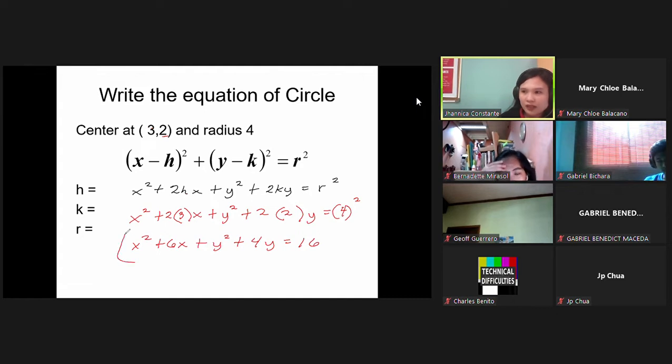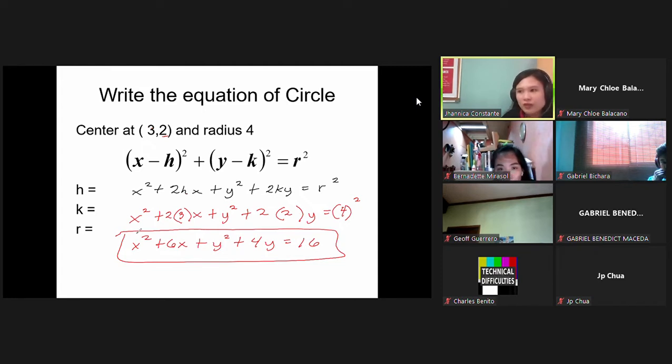So x squared plus 6x plus y squared plus 4y equals 16 is the expanded form of the equation of the given circle that has a center (3, 2) and a radius of 4. That's how we solve for the expanded form of our equation.